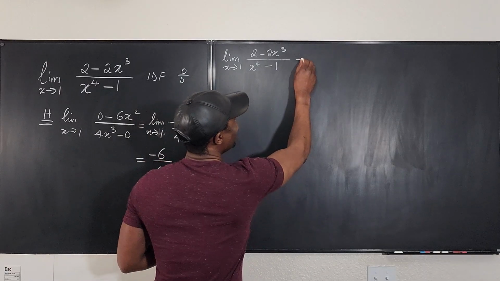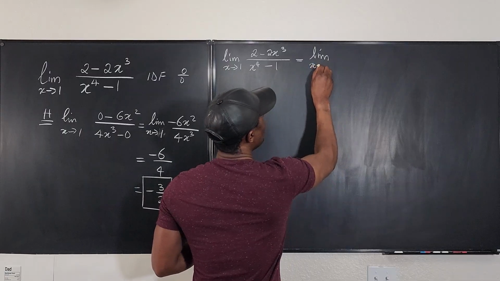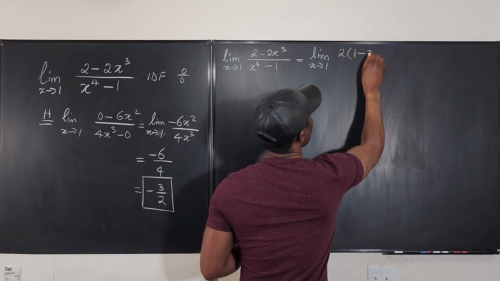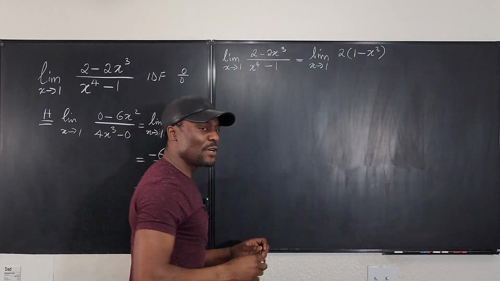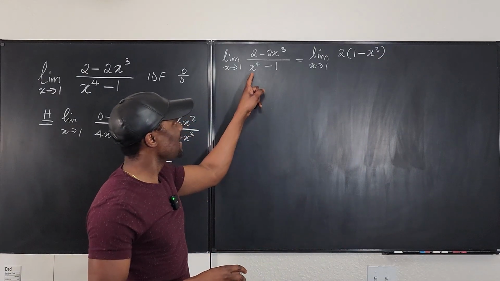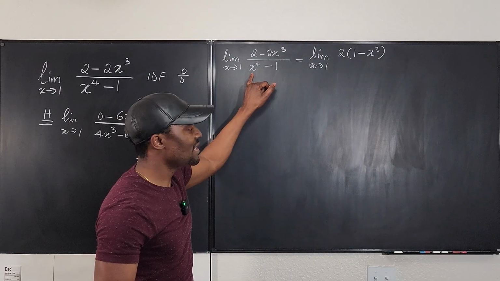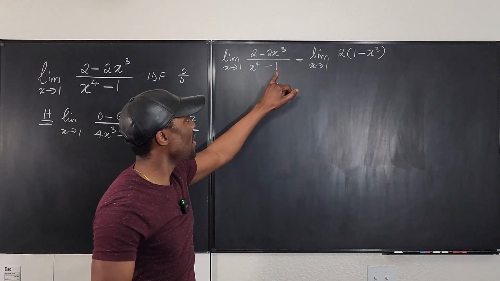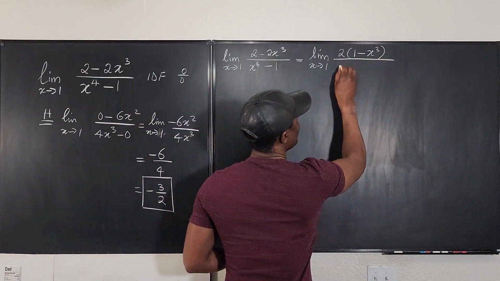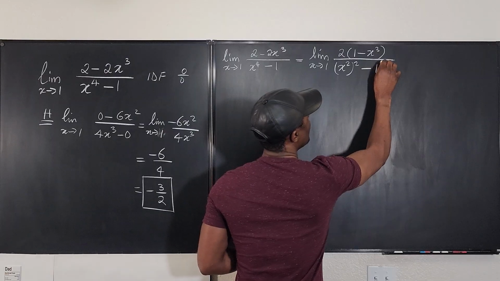Okay, so this is the same thing as the limit as x goes to 1 of, if you factor out 2, you're going to have 1 minus x cubed. Now, we don't know the difference of 2 fourths, but we can rewrite it as the difference of 2 squares first. So we can write this as x squared squared, and we can write this as 1 squared. So we can write this expression here as x squared squared minus 1 squared.